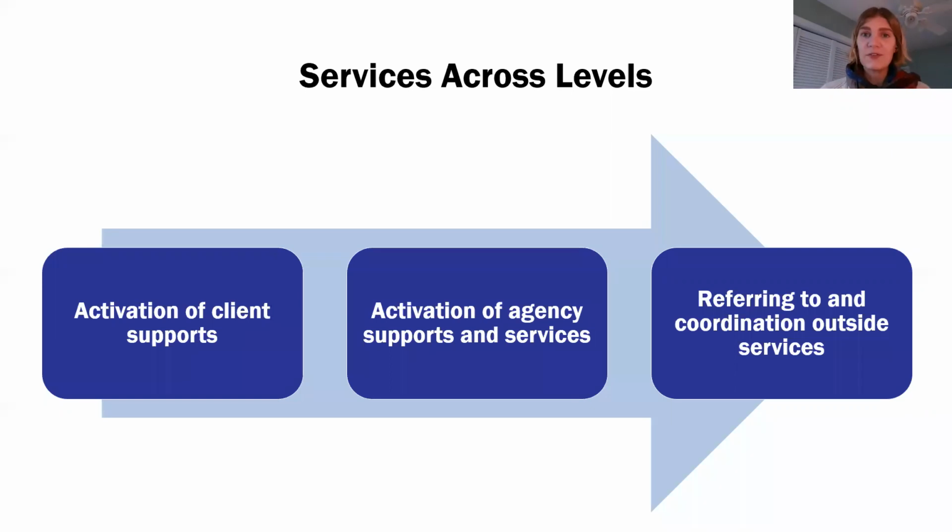This part of the work of accessing and providing services includes working across multiple different levels. That's what we're looking at here on this slide, right? So we're looking at helping clients activate their systems of support. That can include family, friends, supportive groups like schools and faith-based communities. It also can include activating the client's internal resources, right?